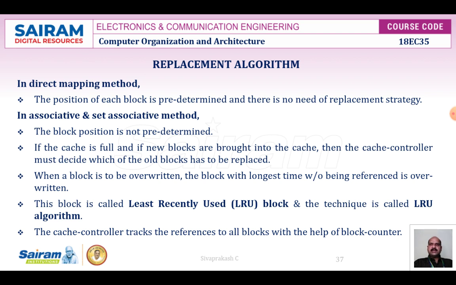When a miss occurs and the set is full, the block with the counter value 3 is removed. The new block is put into its place and its counter is set to 0, and the other block counters are incremented by 1. In this way the replacement algorithm does its operation.